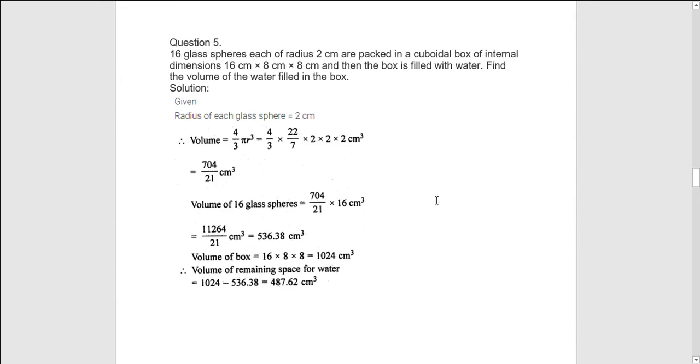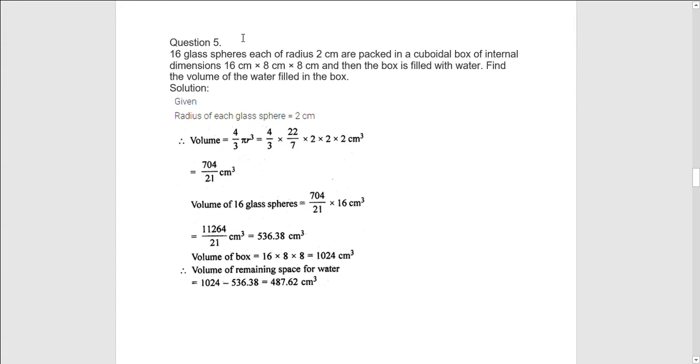Now question number 5. 16 glass spheres, each of radius 2 centimeter, are packed in a cuboidal box of internal dimension 16 into 8 into 8.